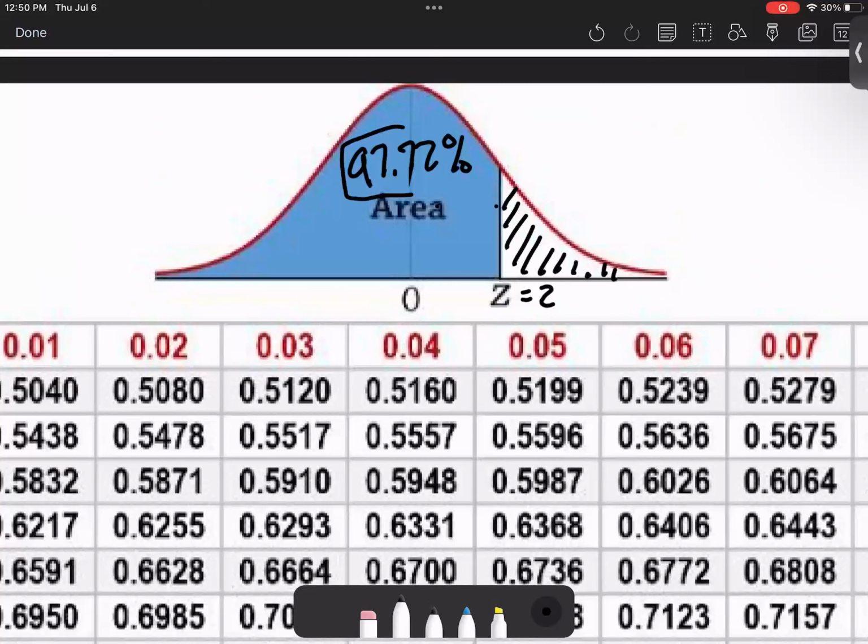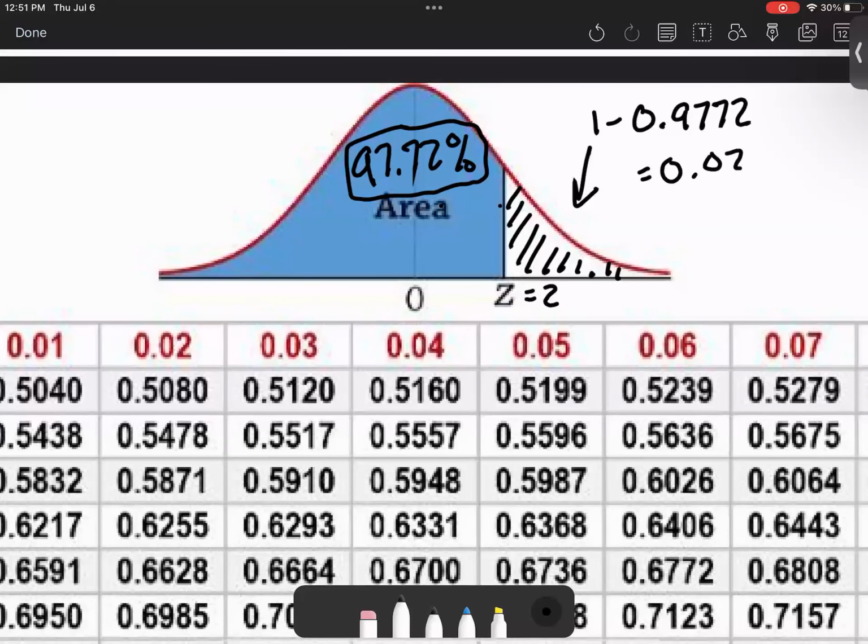And if there's 97.72% here, the area to the right of 2 has to be 1 minus 97.72%. And if you run through this, you get 0.0228 or 2.28%.